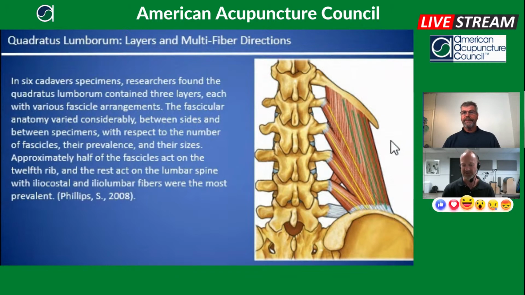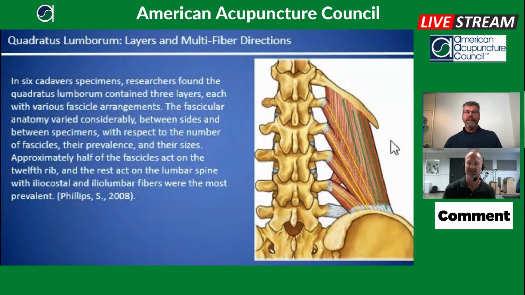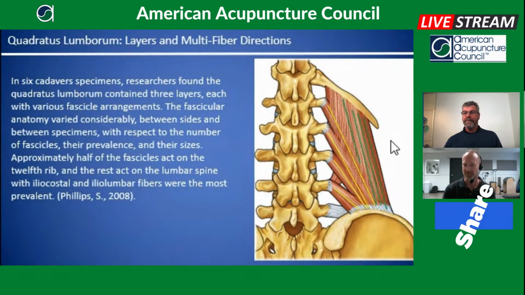This is something we might expand upon when we do the longer 2-hour class. But just to give a quick overview now, first of all, there's a lot of variability from specimen to specimen: variability in size, placement, number of fascicles, all those types of things. But generally, at least half of the fascicles acted on the 12th rib.